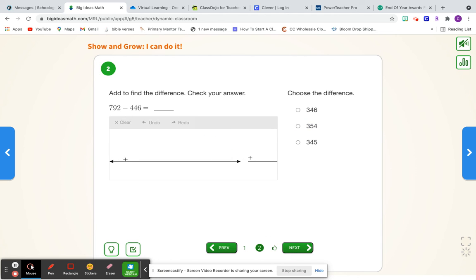All right, this one we are adding to get from 446 to 792. So 446, 546, we're adding hundreds. Let's make these bigger. 646, 746.